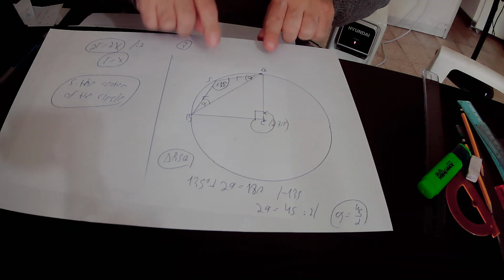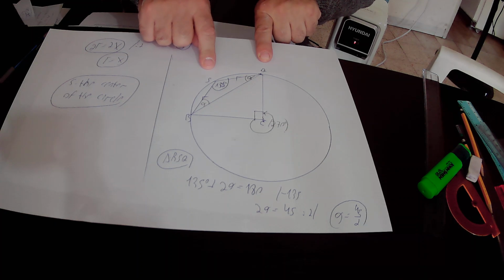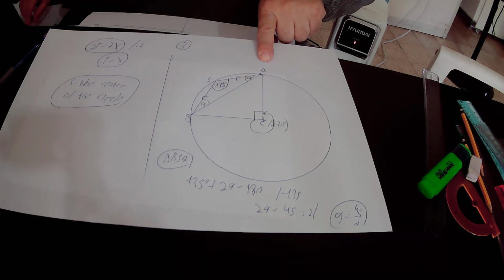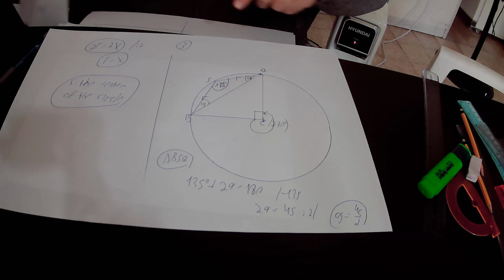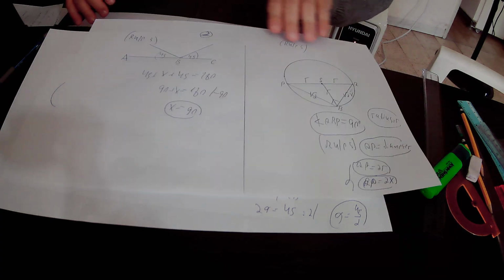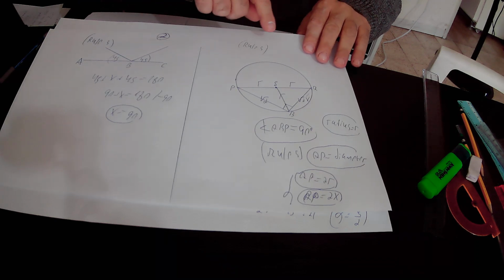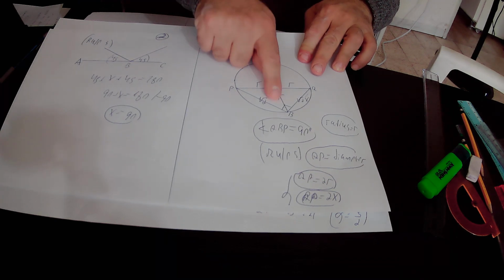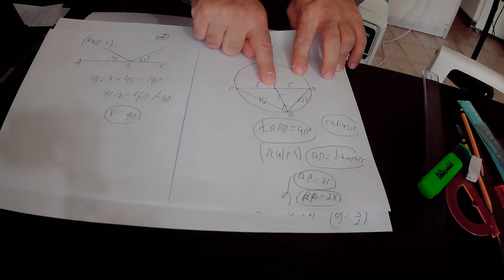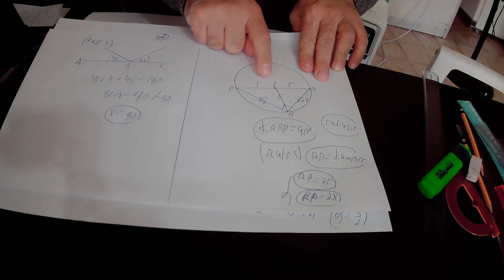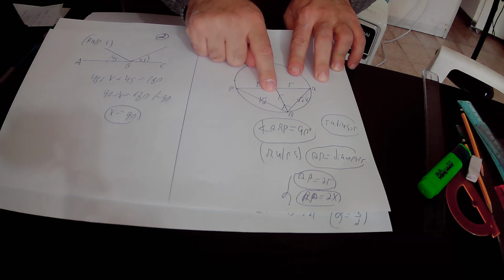I repeat again that we already found out that QS equals SB. QS equals R, SB also equals R, so they are equal to each other.